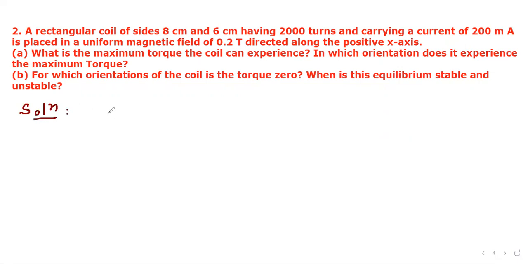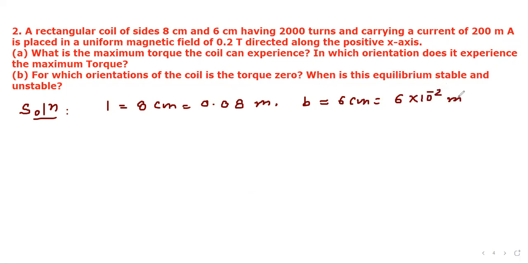Information given is length 8 cm, that is 0.08 meter, and the width is 6 cm, or 6 into 10 to the power minus 2 meter, or 0.06 meter, and number of turns N equal to 2000.